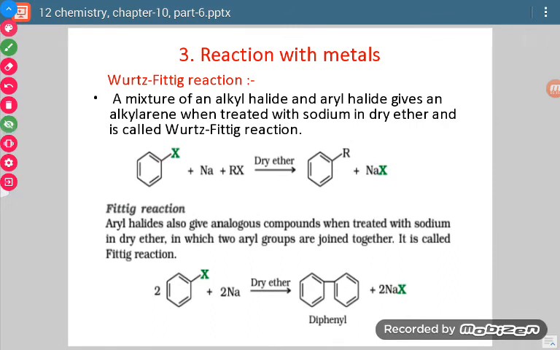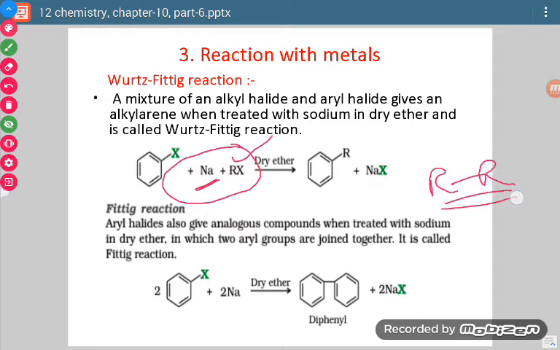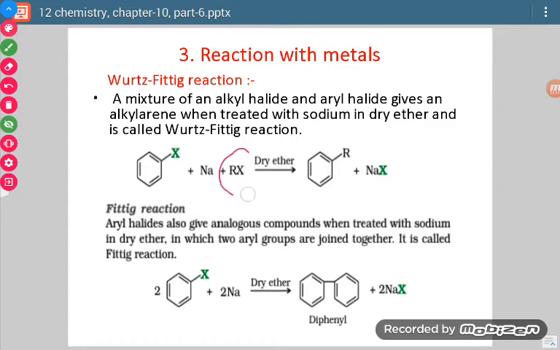Now we have done the Wurtz reaction earlier. Here it is the Wurtz-Fittig reaction. In the Wurtz reaction, two molecules of alkyl halide were added to sodium, and there was formation of R-R, that is, an alkane. In the Wurtz-Fittig reaction, we take one molecule as alkyl halide and the other molecule as aryl halide.